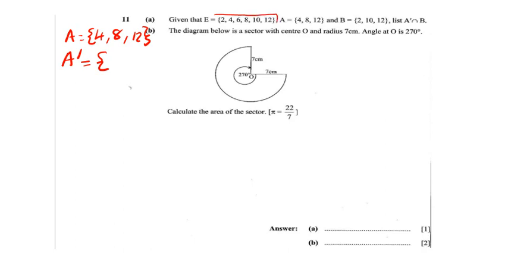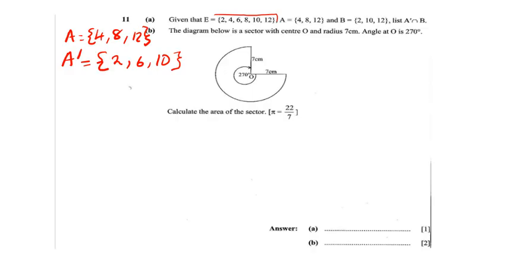Is 2 in A? No, so you write. Is 4 in A? Yes, you do not write. Is 6 in A? No, you write. Is 8 in A? Yes, do not write. Is 10 in A? No, you write. Is 12 in A? Yes, it is, so do not write. So this is A complement.